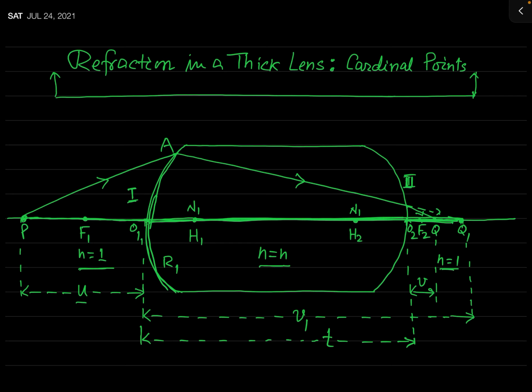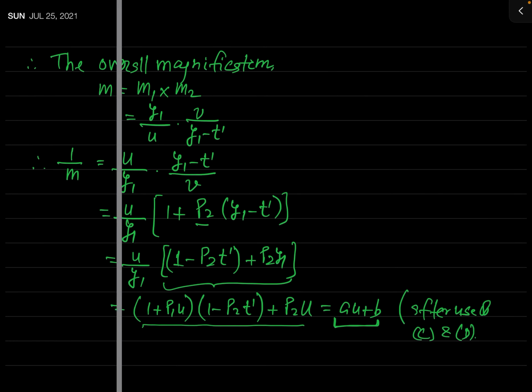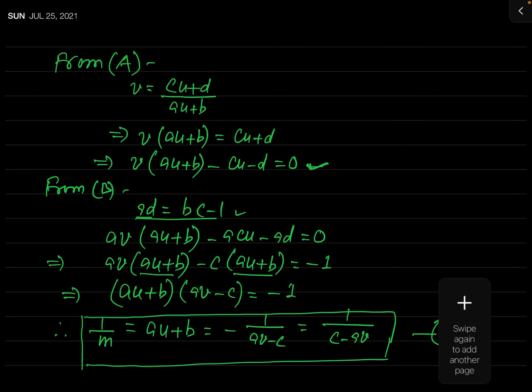So in this condition, when we find the distance of H1 from O1, that will be simply equal to u, because in this condition we will take the value of 1 over m equal to Au plus B. So you can see it here, principal points.